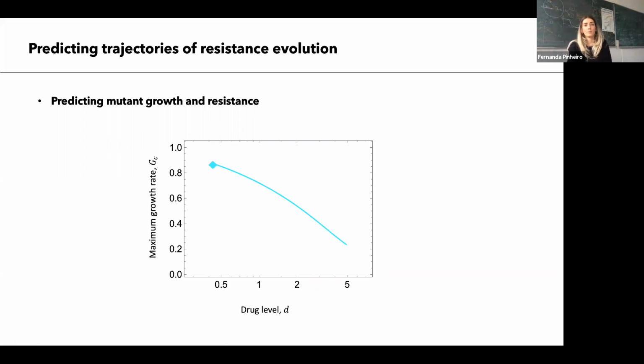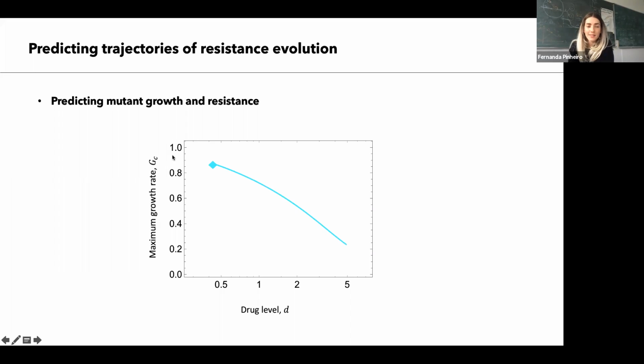And now, we can extract the drug level at which each of our mutants would have maximum growth rate.